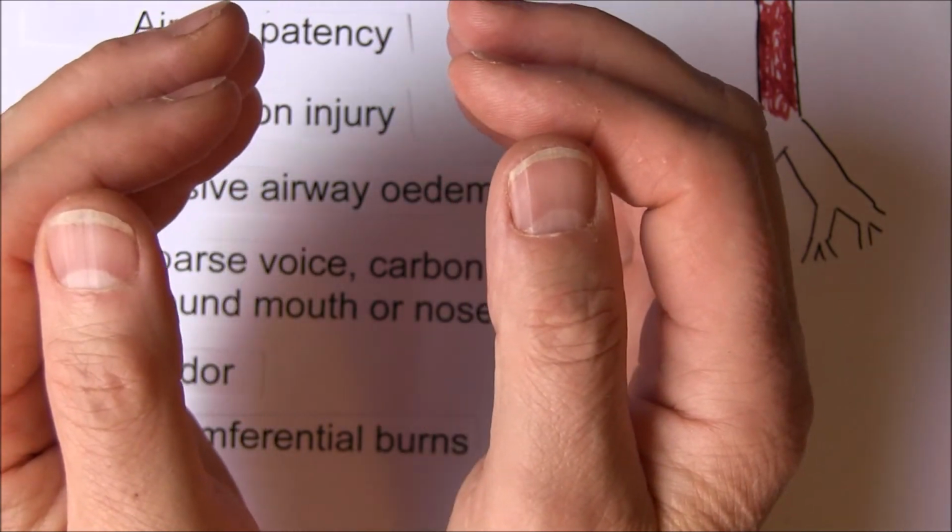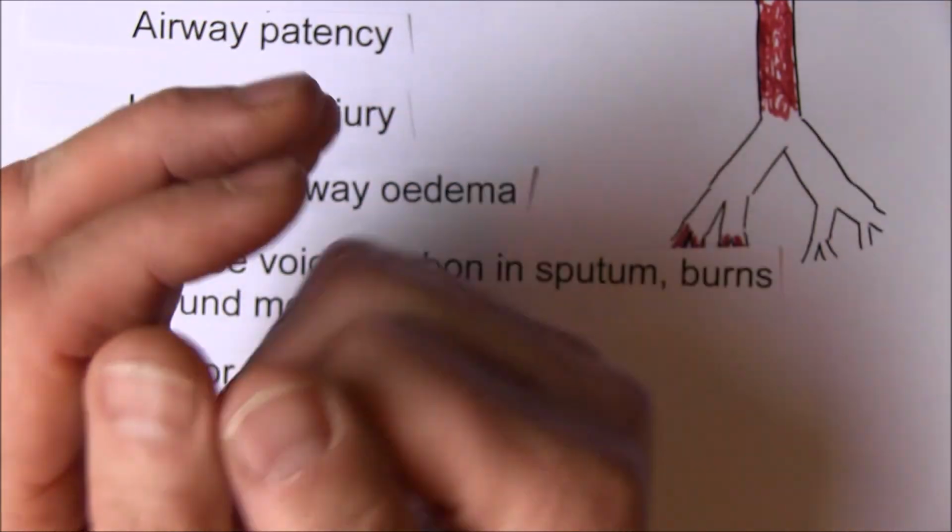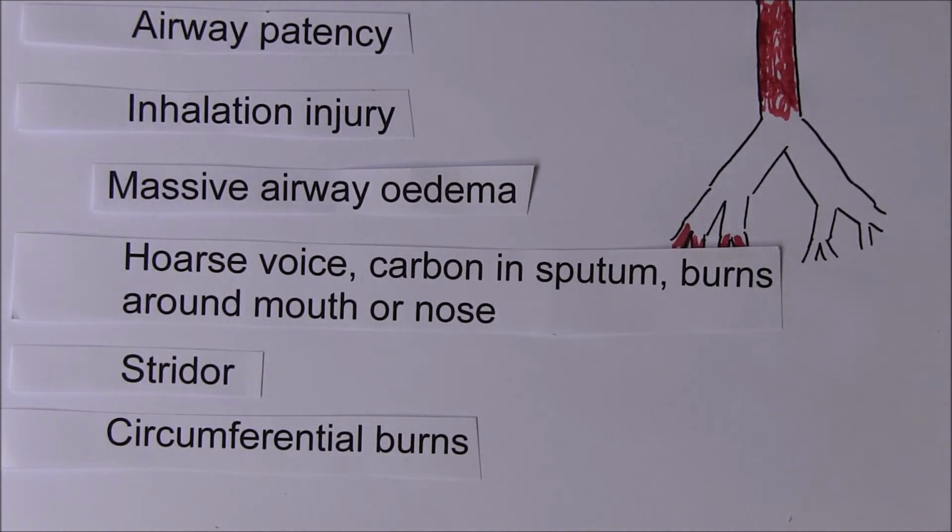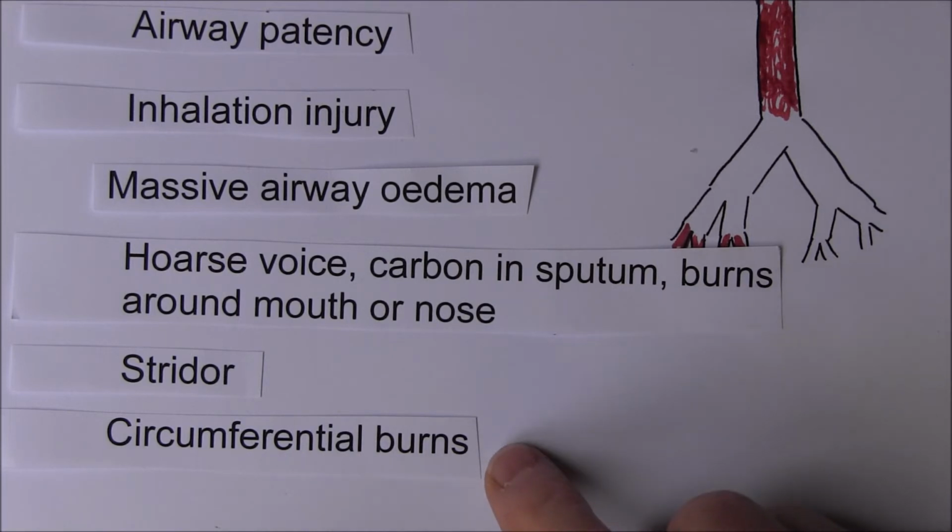Because of course we're only going to suck air into the lungs when the diaphragm goes down and the intercostal muscles pull the ribs up and out, we need these mechanical movements. And these can be inhibited in circumferential burns, although this is usually a later complication, but it's something to keep an eye on.